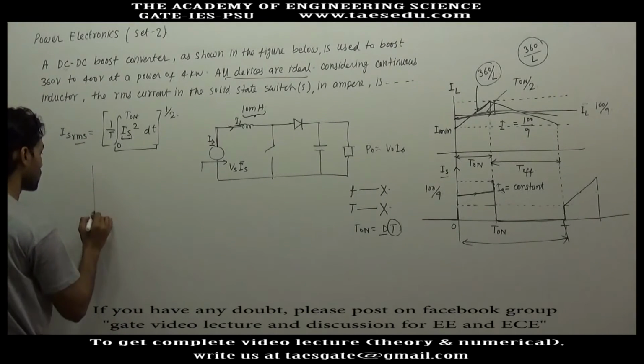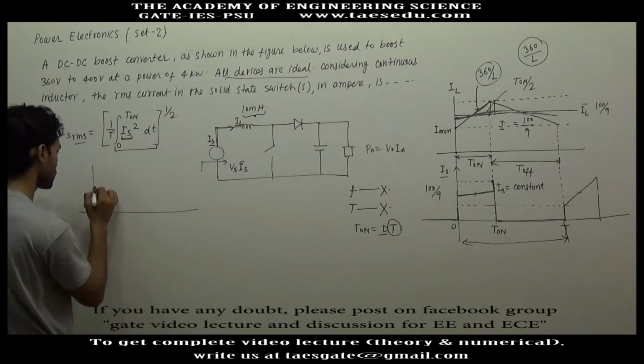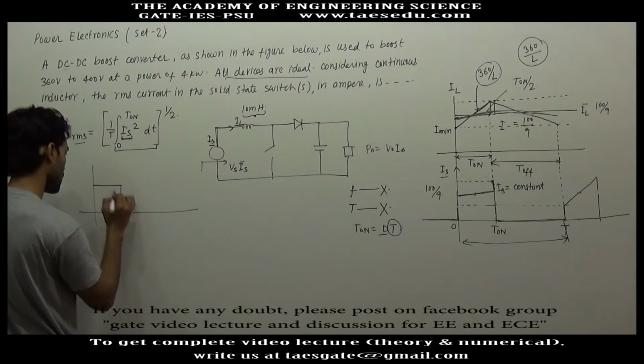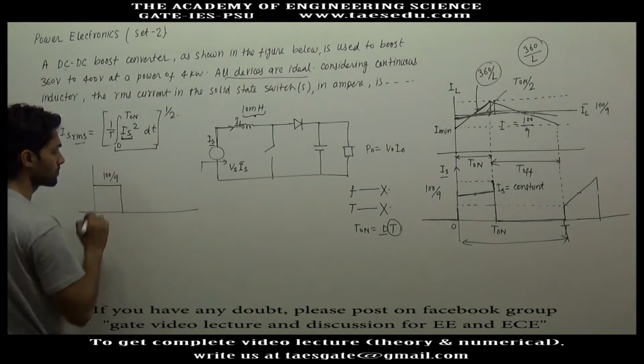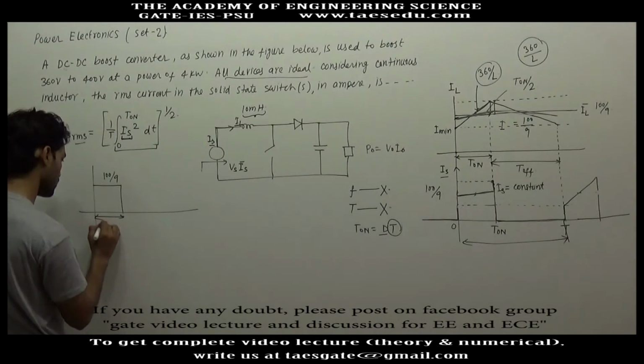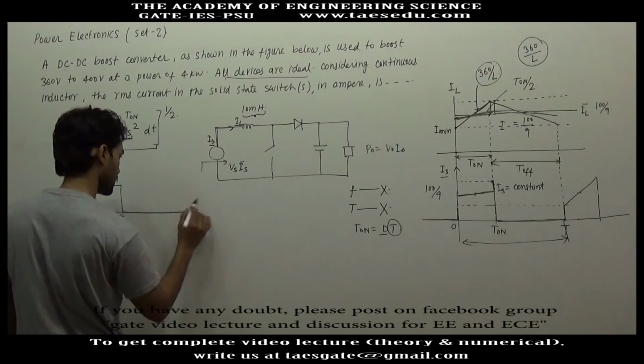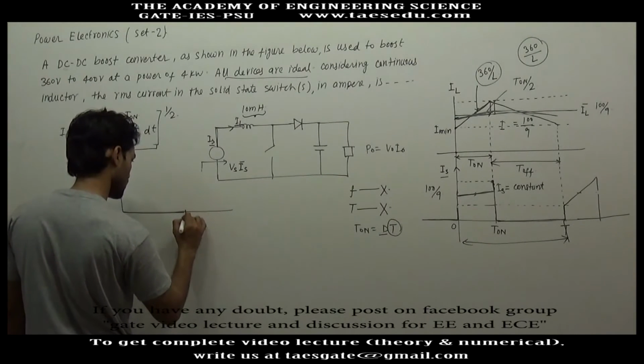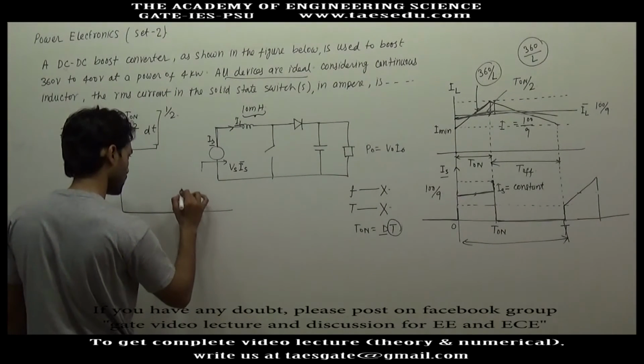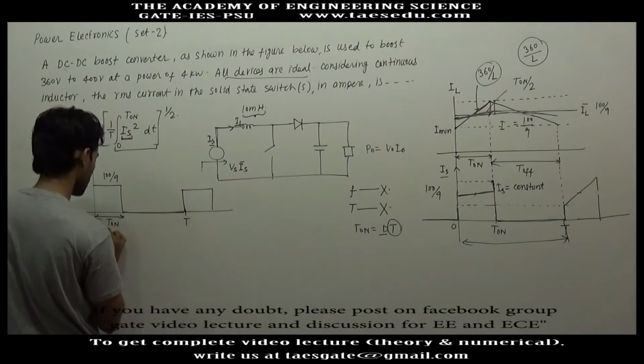So now we have the graph of switch current as 100 by 9 ampere for a duration of T on, and this will be periodic with time period T, where T is the total switching interval.